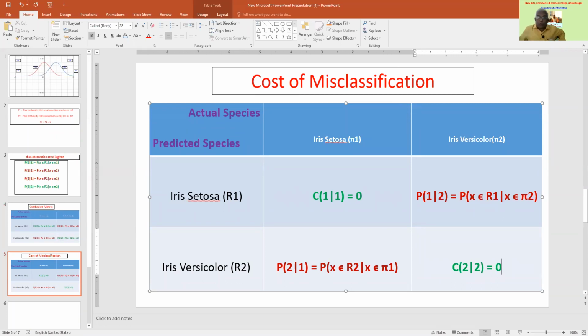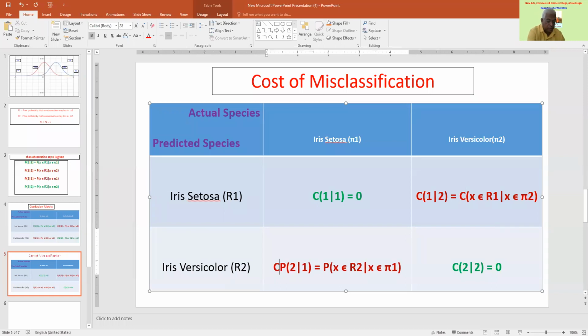If you come to the other two, say for example here, it is the cost of misclassifying a second category object in the first category. That cost may be whatever it may be, but there is a cost.